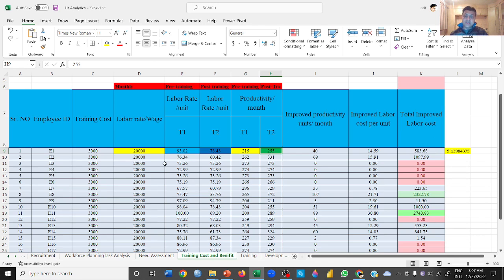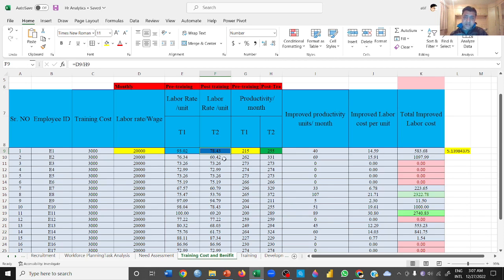You can also see that we're not changing the salary; it will remain the same. Only through the training, the person will start making more units. So we will divide 20,000 by 255, which will give us the labor rate per unit after the training.